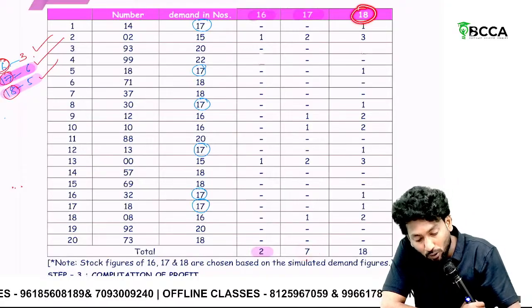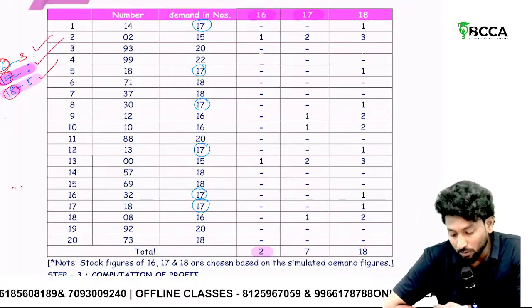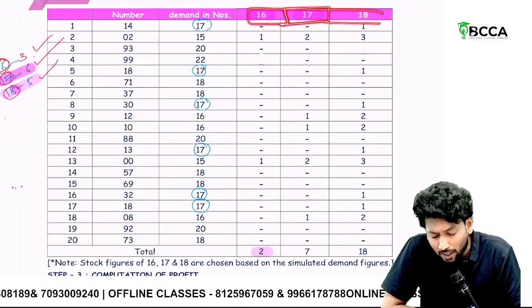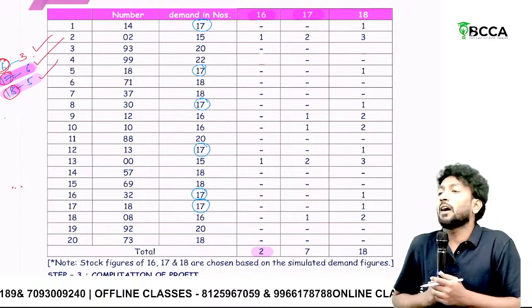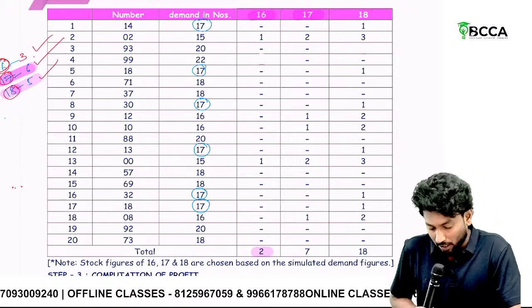If 18 books, the total books unsold are 18. Now, for these three alternatives, the 16, 17 and 18 book alternatives, we need to calculate the average profit. That calculation I will do.